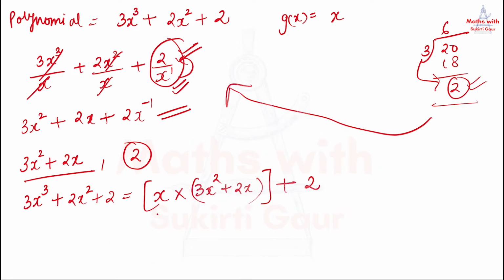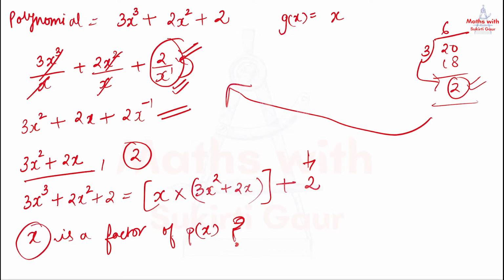So can we say x is a factor of this polynomial? As it is not giving us remainder 0, we can't say that x is a factor of this polynomial. We want 0 remainder.